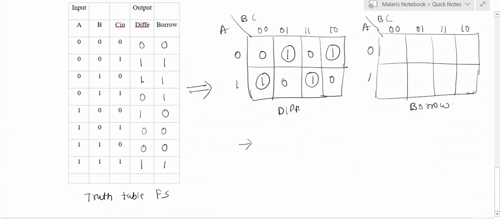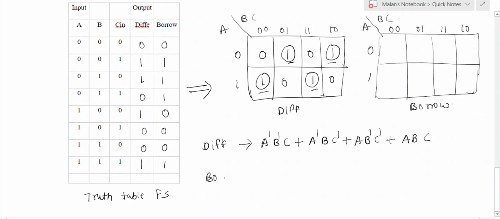The difference function is identified as A bar B bar C, plus A bar B C bar, plus A B bar C bar, plus A B C. This is the Boolean function representing the difference.